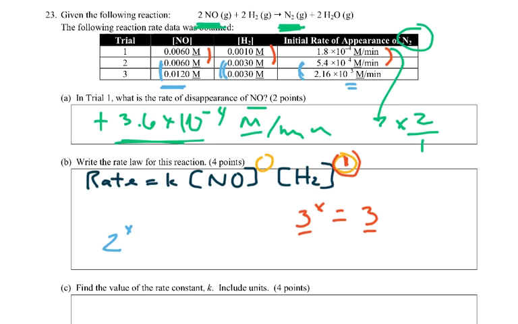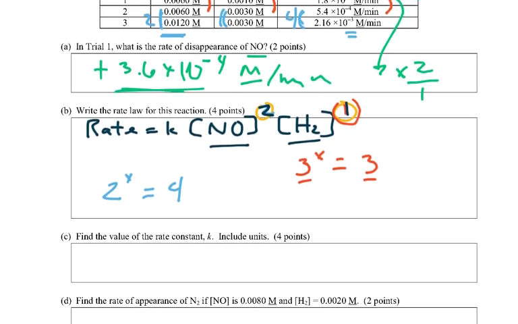So that's really the same thing as 21.6 divided by 5.4. So that's going to be a 4 times difference. So when this goes up double, then this goes up 4 times. So 2 to the x equals 4. So I know that x must be 2. So I have a 2 up there. So my rate law, kind of messy, is rate equals K times NO to the second power times H2. So it's second order with respect to NO, and it's first order with respect to H2.